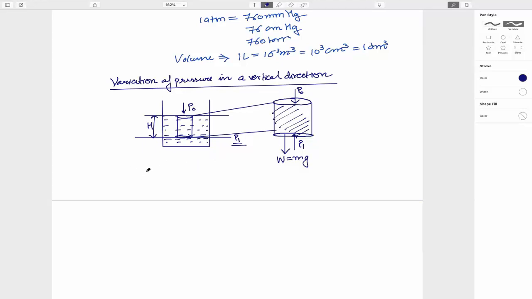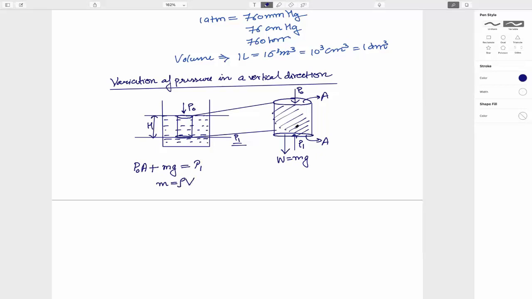So by applying force balance, let's say area of this is A and this also has the same area, that is A. So P naught into A plus mg comes out to be P1. Okay. So m is nothing but rho, density that I already defined, into volume.